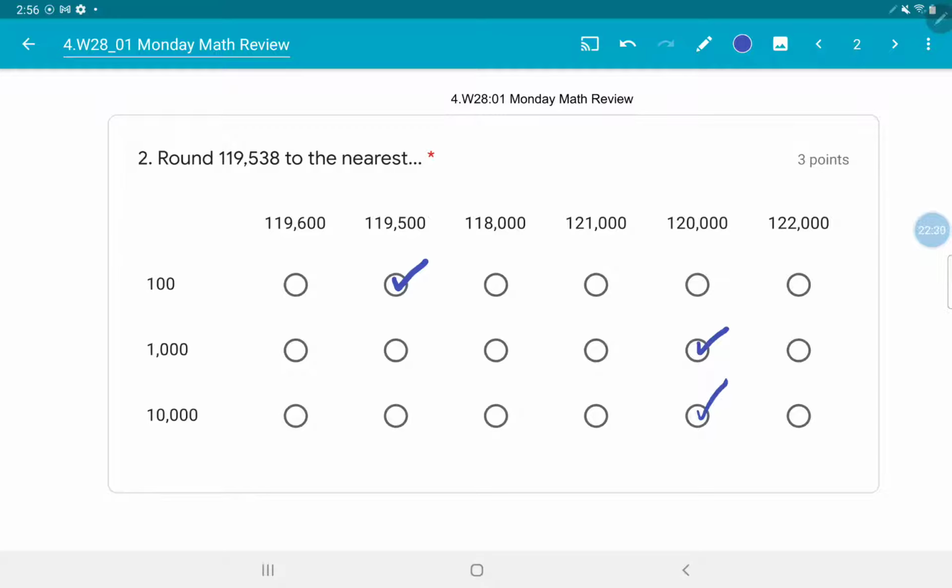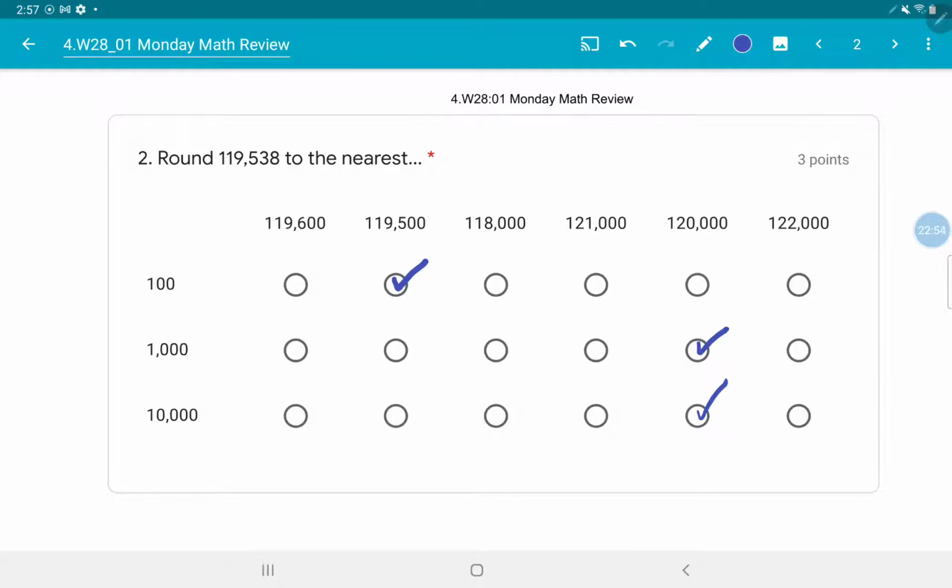So I have a question. Rounding to the thousand and the 10,000s place value gets me the same number. Why, Tatum? Exactly.